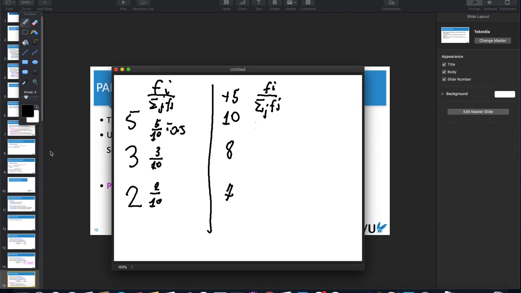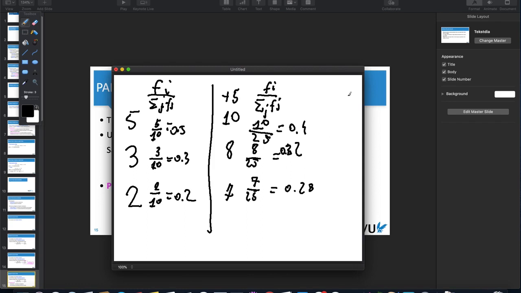Again, all right. So we have 10 divided by 25. We have 8 divided by 25, 7 divided by 25. So here we have, of course, 0.3, here we have 0.2. But now, here we have 0.4, here we have 0.32, and here we have 0.28. And now you see that these values are totally different.